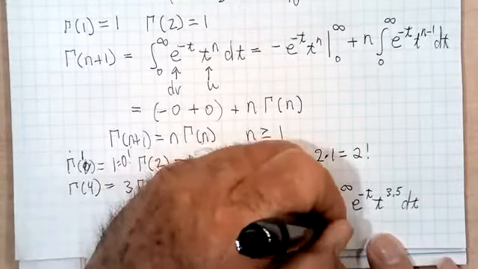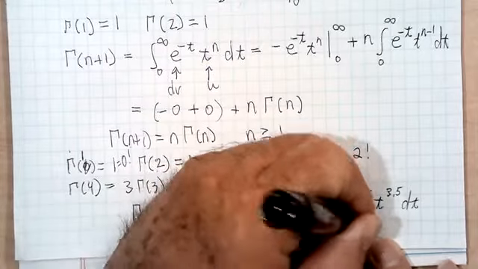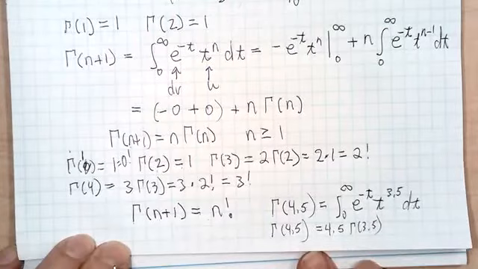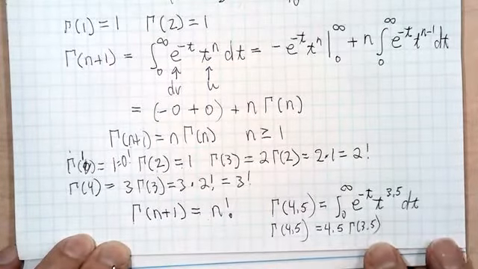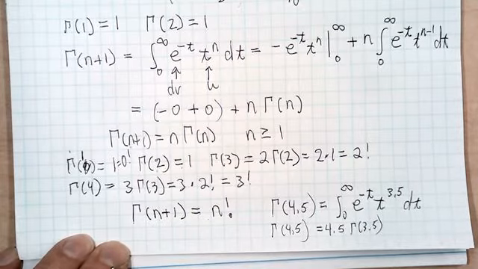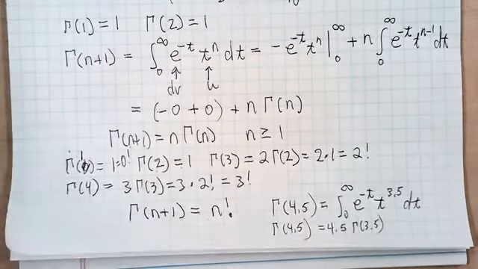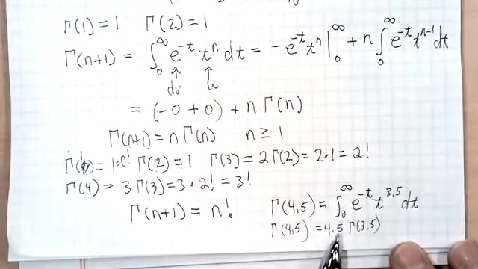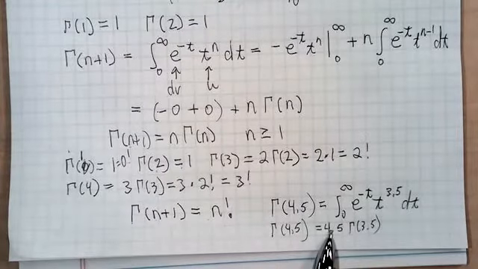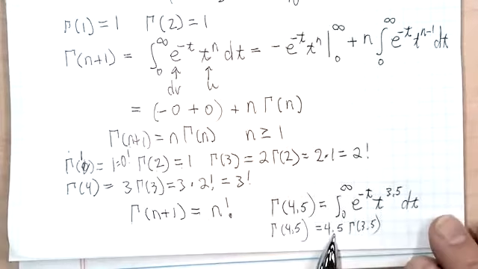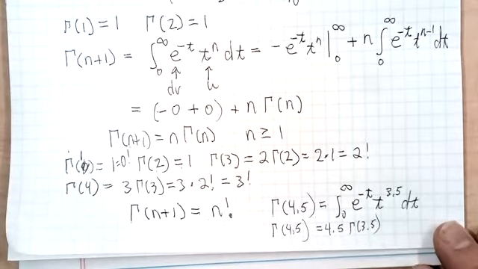It's 4.5 times gamma of 3.5. And then you can knock it down again. It's 4.5 times 3.5 times gamma of 2.5. And you can knock it down one more time so that you get it on the interval from 1 to 2. So if you have this tabulated on the interval from 1 to 2, you can always compute the value. You just keep knocking these numbers down until you land in that range between 1 and 2. And then you look it up on your, in the old days, you look it up on your paper table. That's what you did.